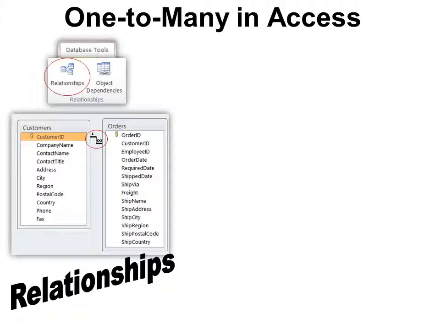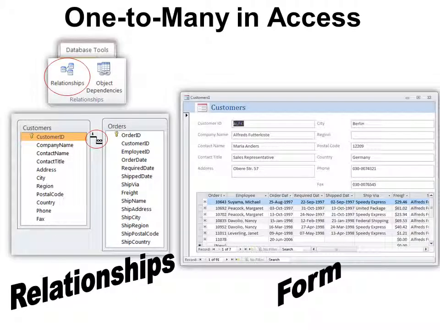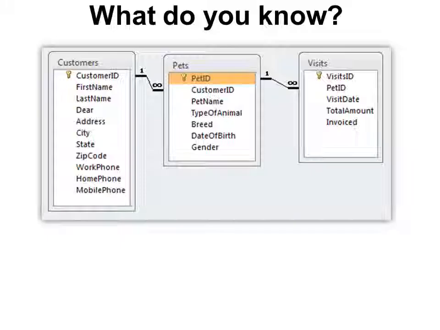The one-to-many relationship in Access looks like this. We'll find it under Database Tools, Relationships, and you can see the table. This customers table is linked to orders, and it is a one-to-many relationship. In a form, it looks like this. One customer has many orders. So what do you know?